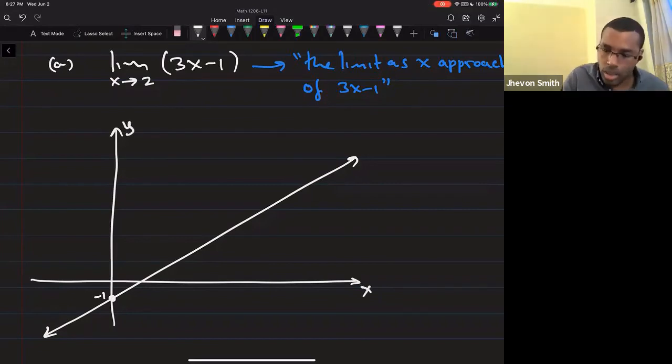So this is y equals 3x minus 1. Now, at some point there is a 2 here. And I want to know, as my x gets close to the value 2, what is my y value getting close to? That's the idea.